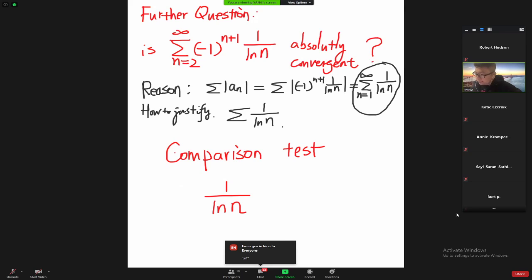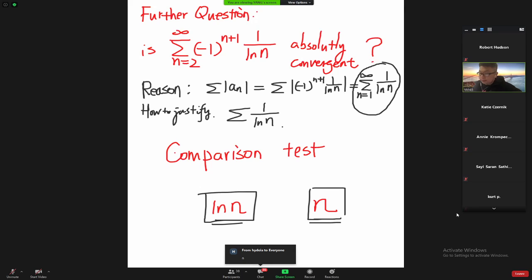Yes, 1 over n. Very great. Okay, so which one is bigger? Let's see which one is bigger for these two. Natural log of n and n, which one is bigger?